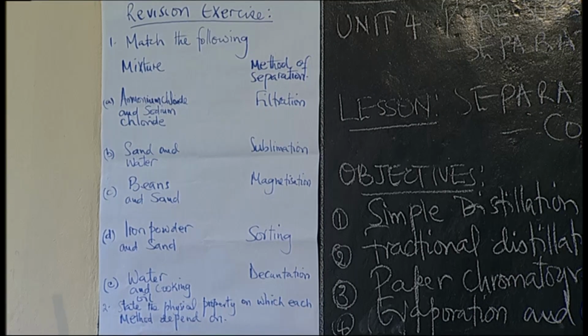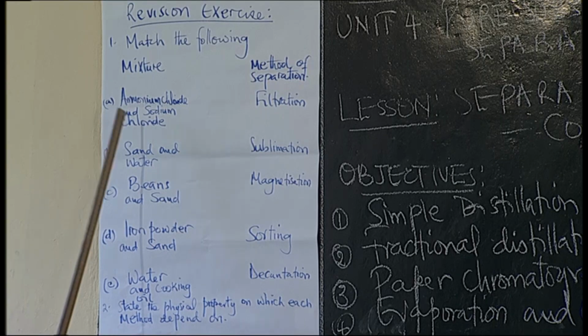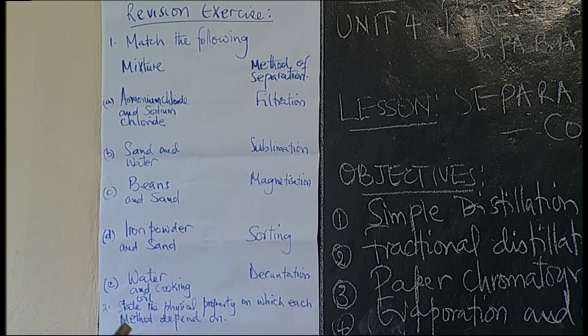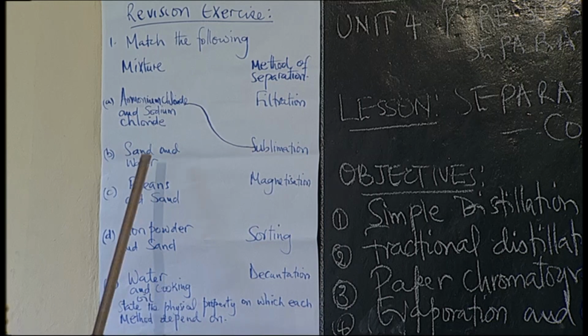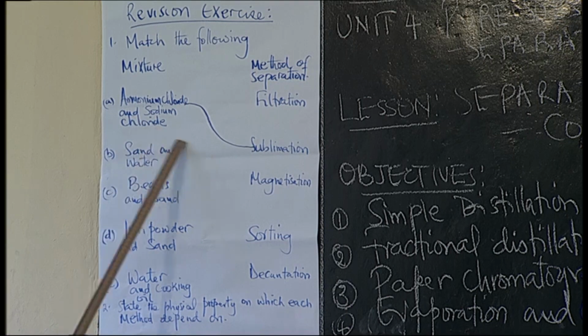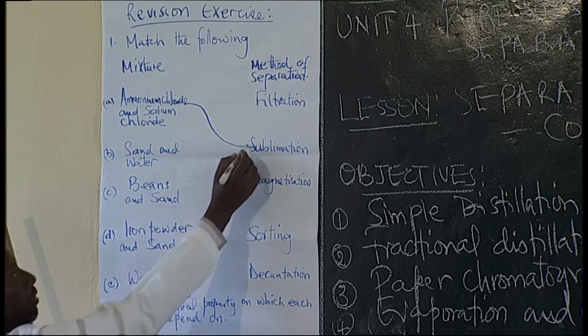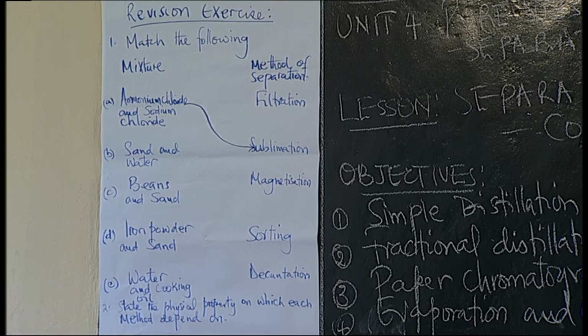When you look at ammonium chloride and sodium chloride, these are substances. So for ammonium chloride and sodium chloride, it will be sublimation. Why the sublimation method? Because ammonium chloride sublimes.